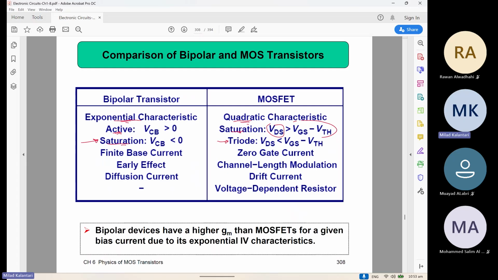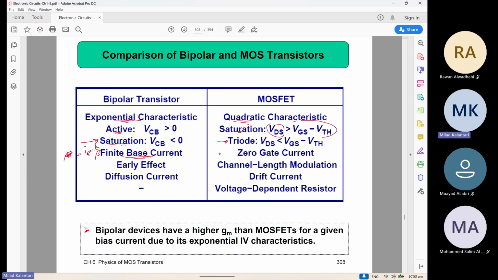What else we have is that there is some base current for the BJT, right? The base current IB is the collector current divided by beta. So it has some base current, though it is less than the collector current, right?